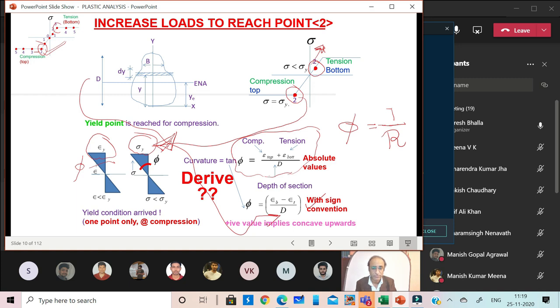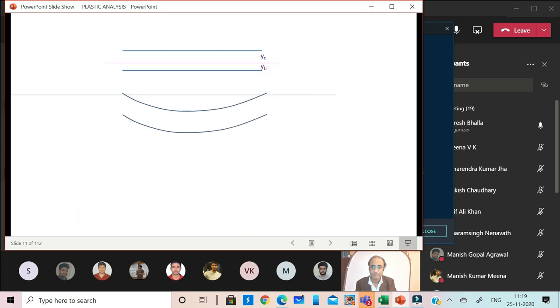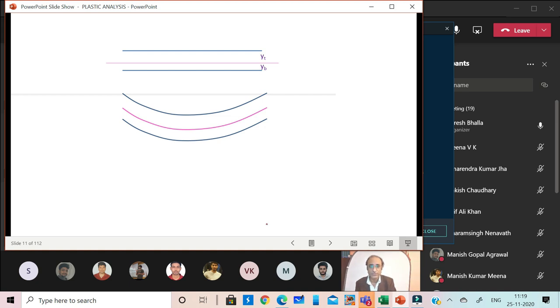We can derive this also. All you have to do is, let's say we have the beam and the beam undergoes deformation and the neutral axis is shown here. It may be a monosymmetric section or it can be a bisymmetric section. YT and YB are the distances of the extreme fibers from the neutral axis, the top and the bottom.